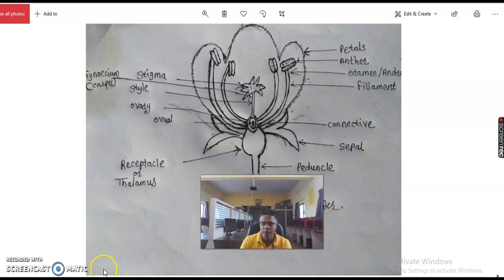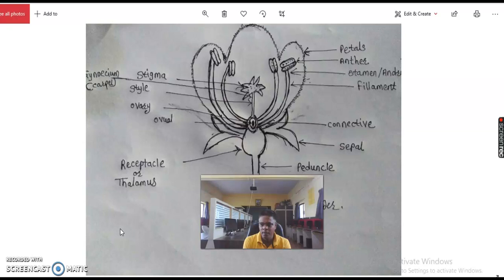And the third one is the ovary. Ovary is the basal swollen part of the pistil which forms one or more chambers. It is always closed. Ovary contains one or more egg-like bodies known as ovules.